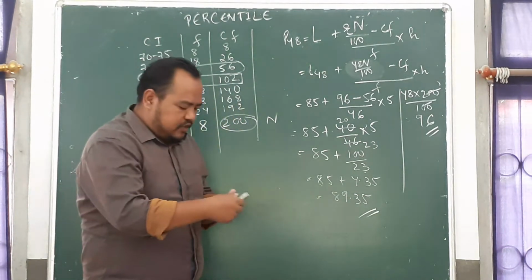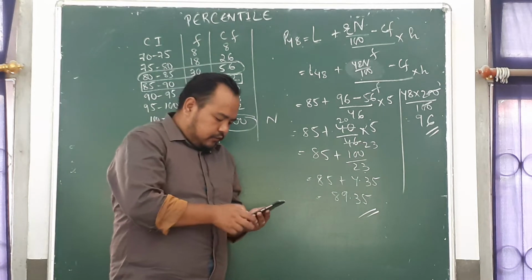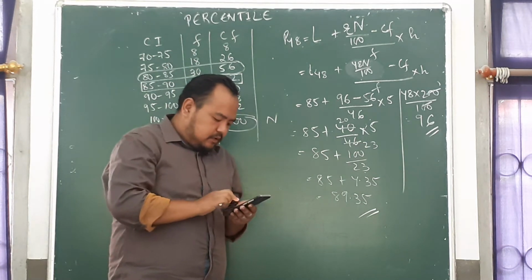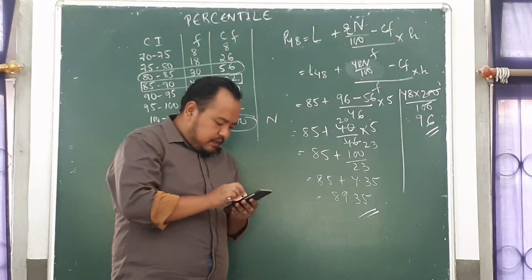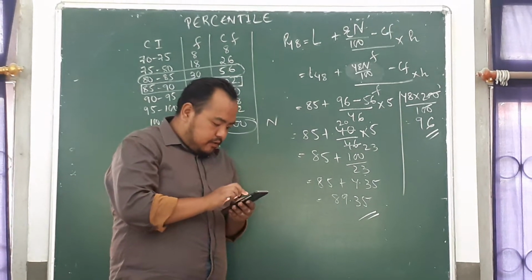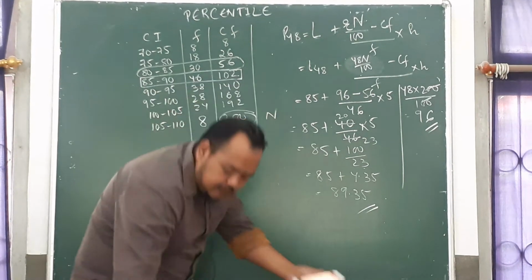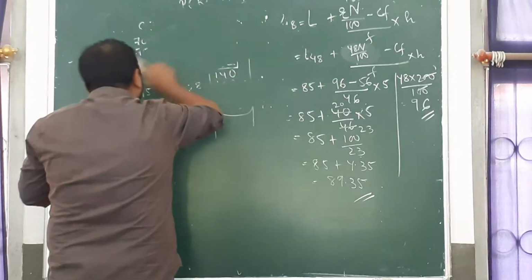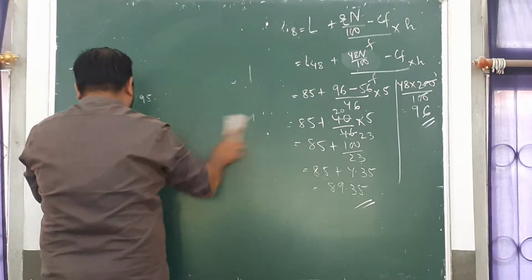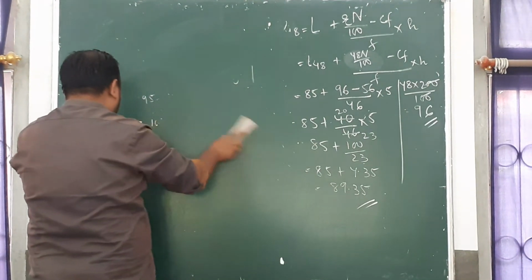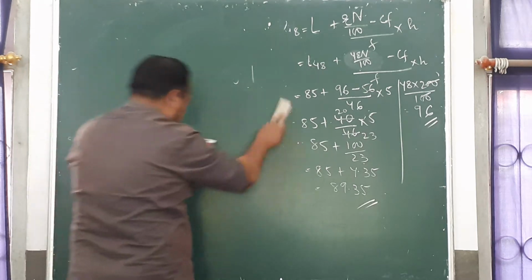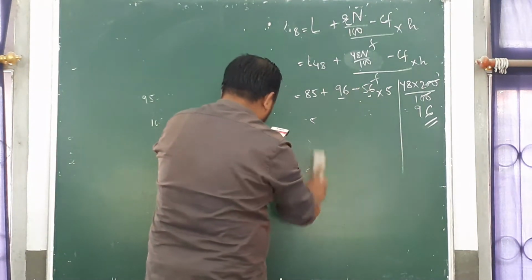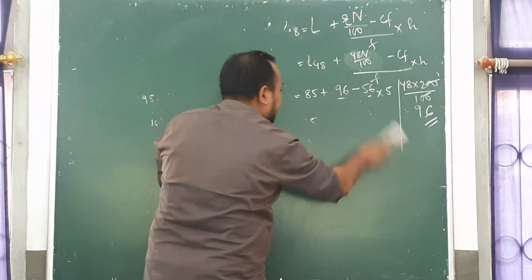I'll give you a few questions to do. This is going to be page number 726. Exercise 1, subdivision 2. You can try question numbers 4, 6, 7 and 8.